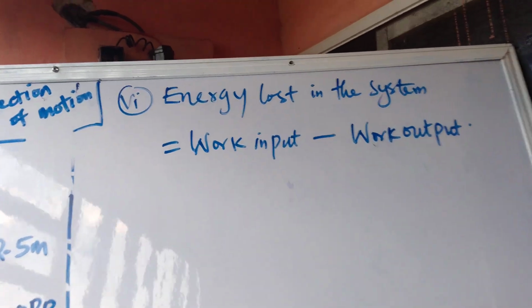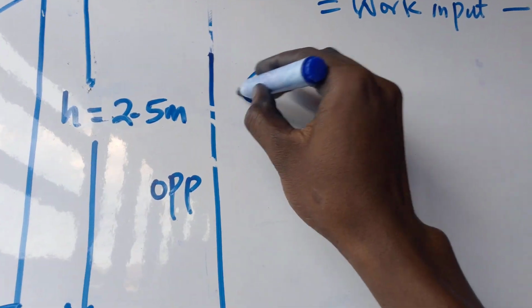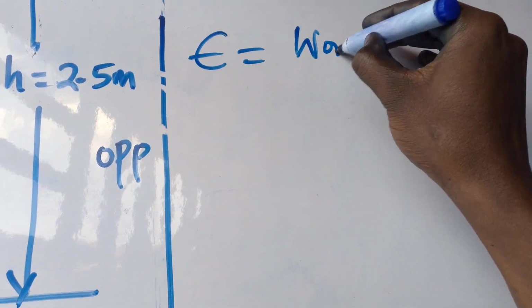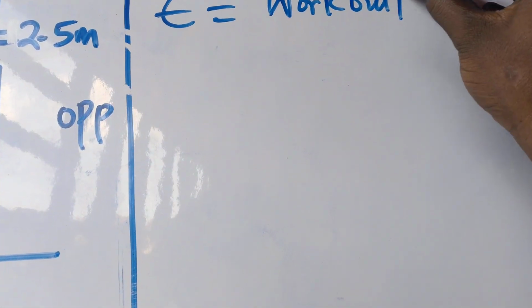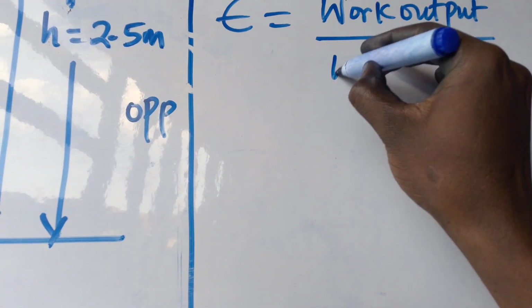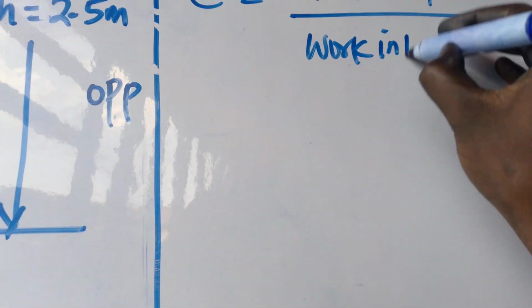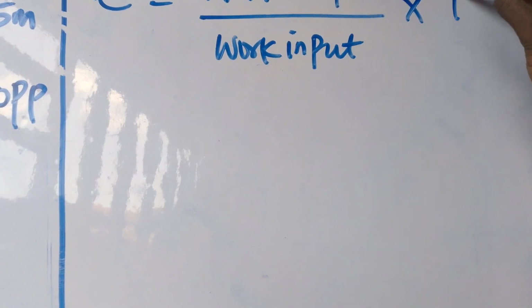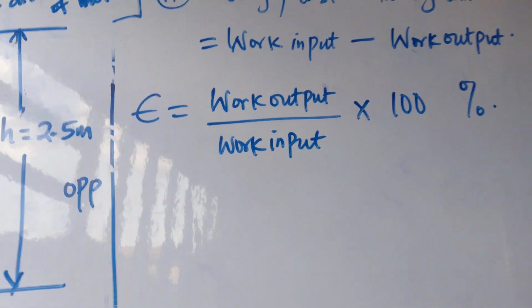So how do we find the work input? Efficiency is equal to work output over work input times 100, measured in percentage.